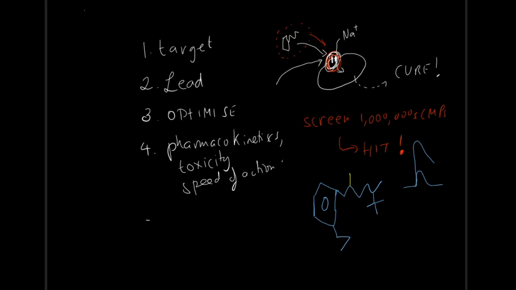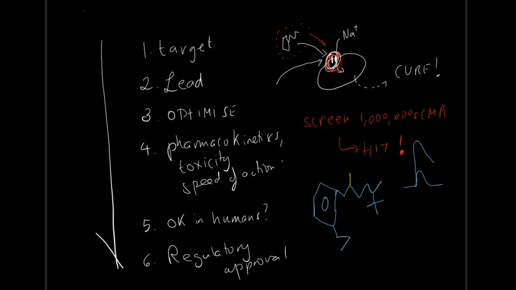Then we need to find out, is it okay in humans? Does it still work? Does it kill people? And then last of all, when we've done all this, we need regulatory approval. So this is basically the design of drug discovery.